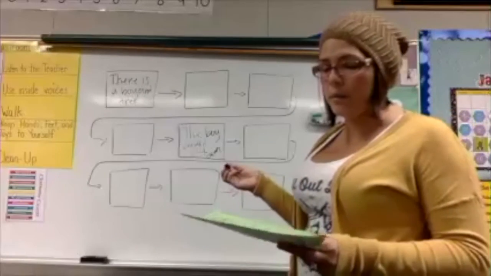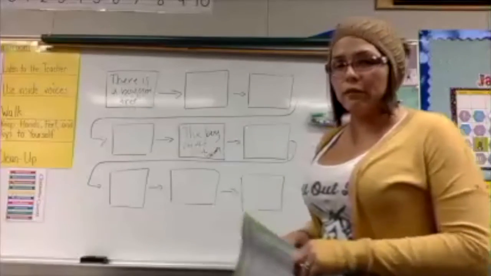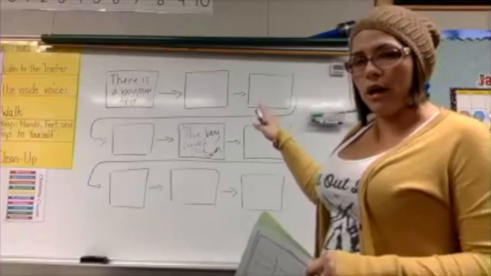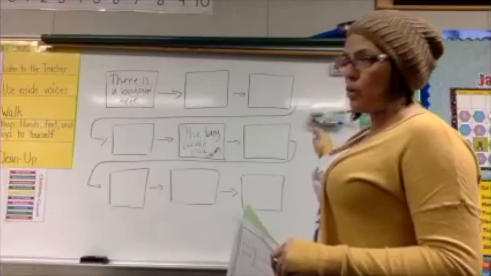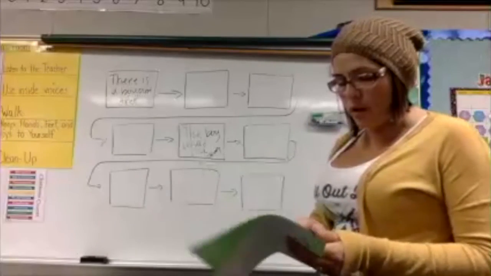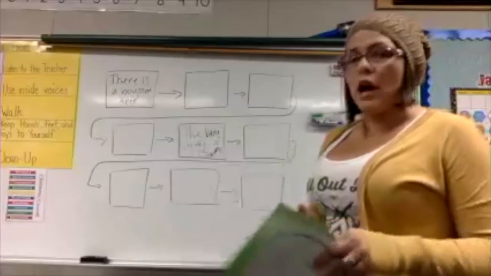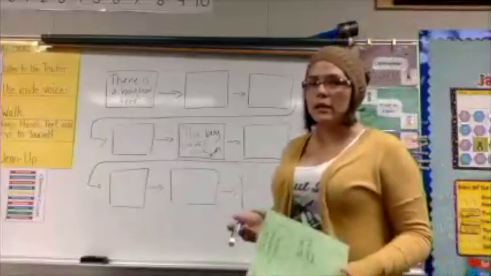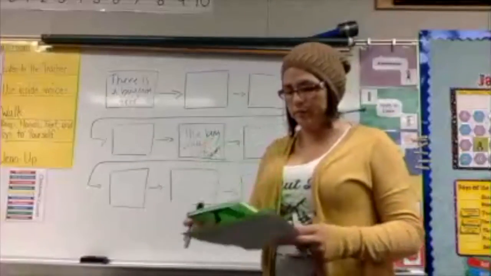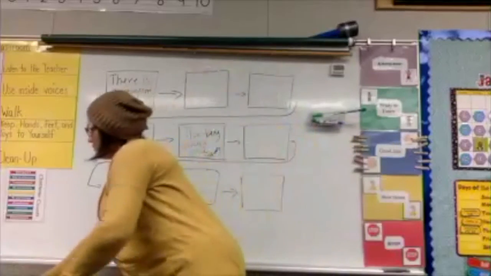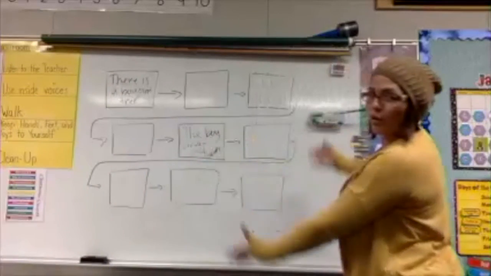Each flow map is going to be different. It depends on the classroom and the teacher, how far you want to go along in the book, and how much information the students are willing to give you from the book itself. There you go. There's your flow map.